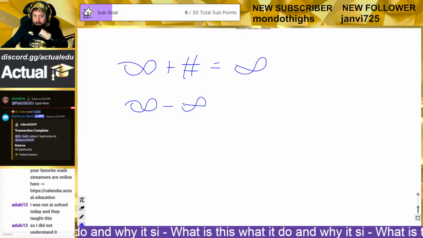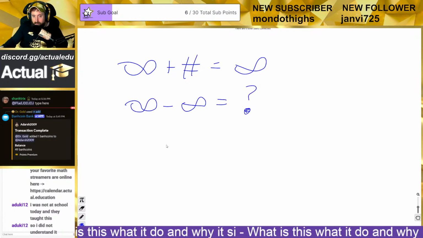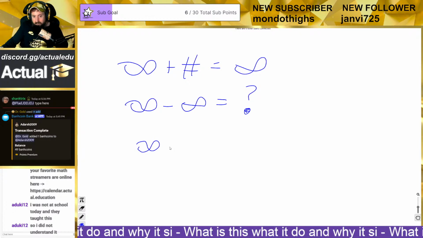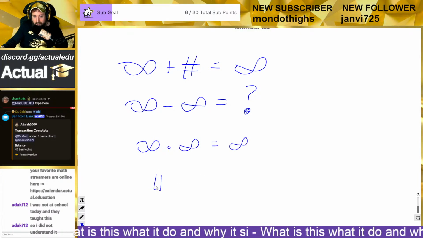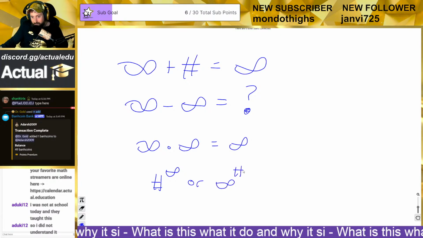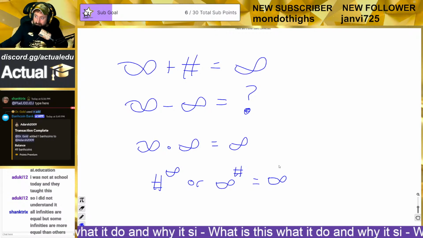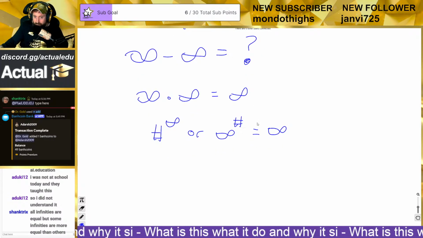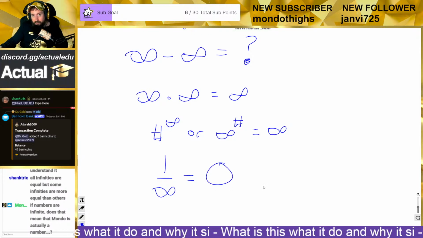Infinity minus infinity is undefined. We don't know what that is. Infinity times infinity is infinity. Anything to the infinity or infinity to the anything is also infinity, unless it's negative. Unless this thing is negative. But 1 over infinity is always equal to 0.